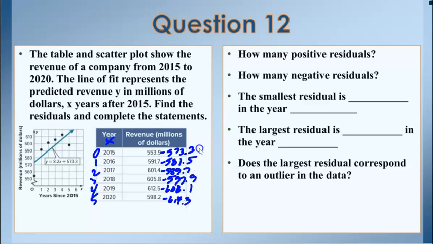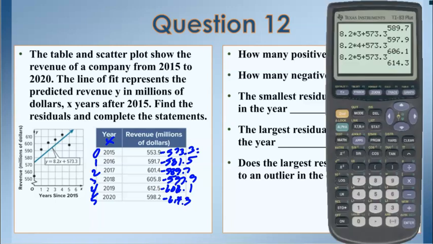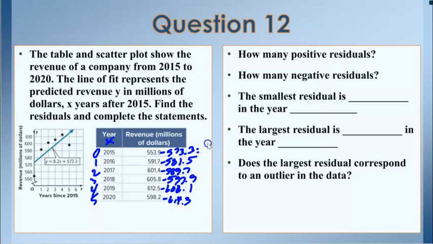Now we just have to do the subtraction to find the residuals. Our first one, we have 553.9 minus 573.3. That gives us a negative 19.4.